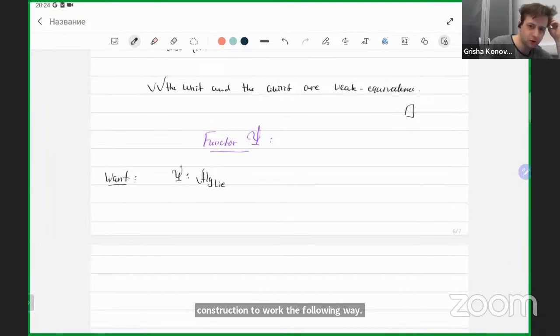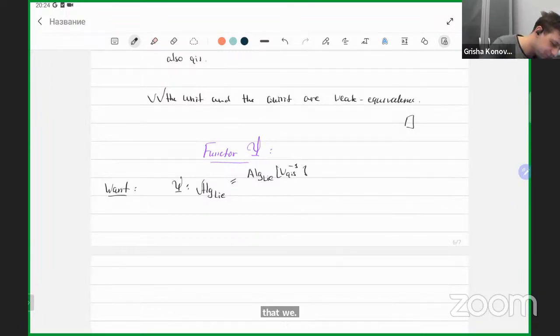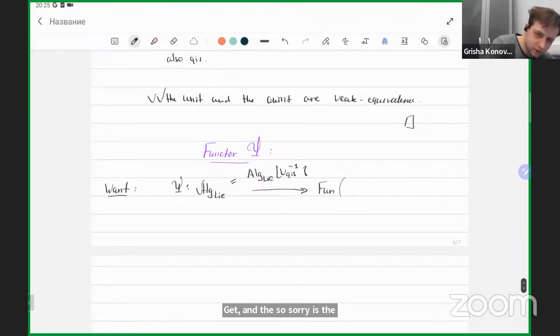And by the way, when I write the alg with this fancy font, I mean that we inverted quasi-isomorphisms and get an infinity category as a result. So psi is the functor from the category of the algebras to the category of functors from Artinian augmented algebras to spaces.